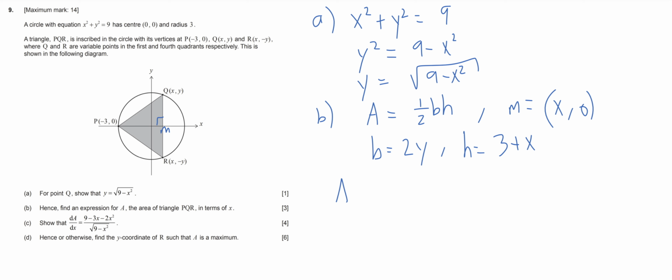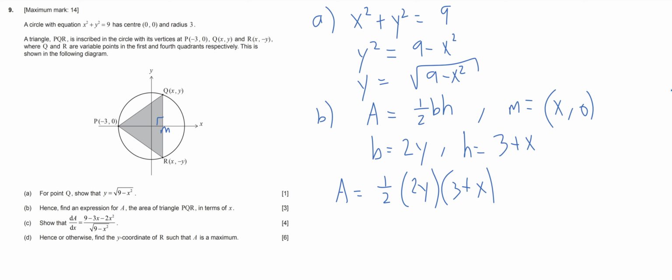So putting these figures into the area formula, it's a half multiplied by 2y multiplied by 3 plus x. But the question wants an expression for the area in terms of x only. So we'll use our answer to A and substitute y as root 9 minus x squared.